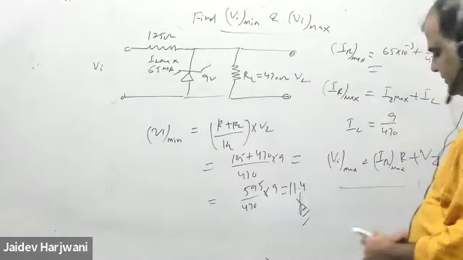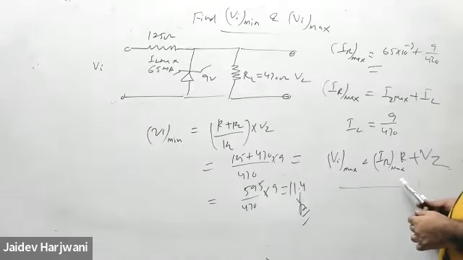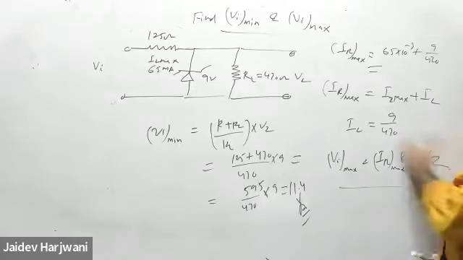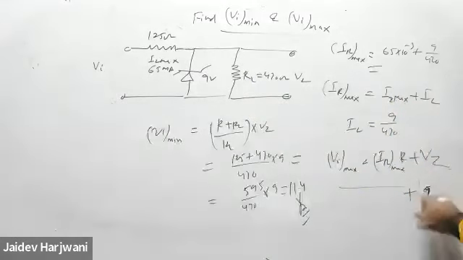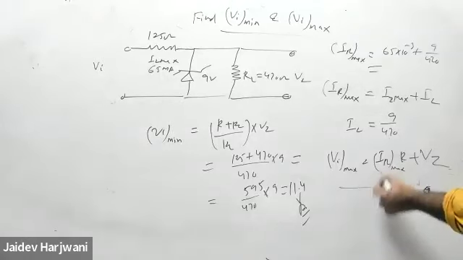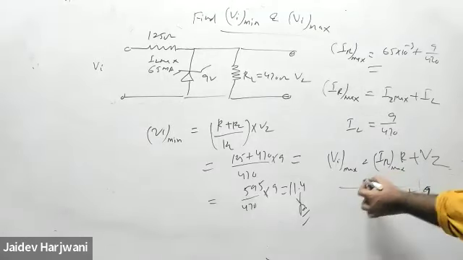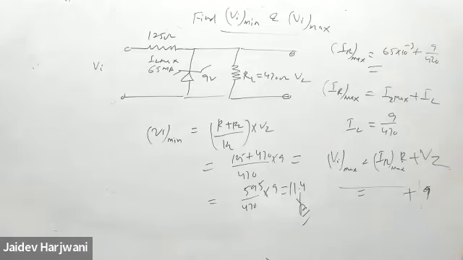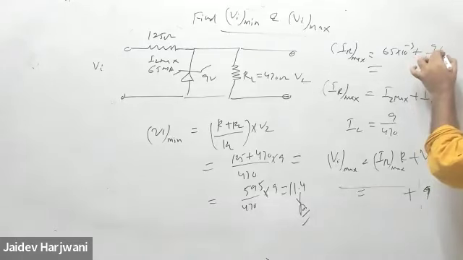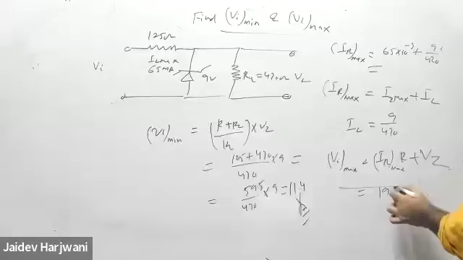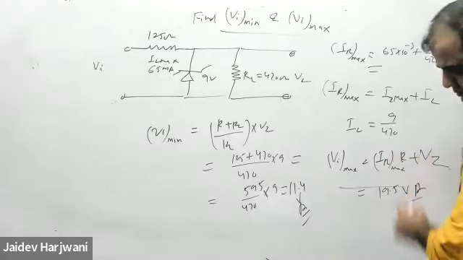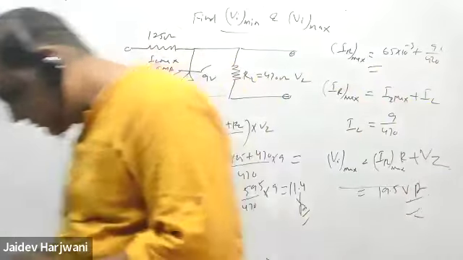VZ itself is 9, so this is plus 9. This should be something around 19 point something. This is how much milliampere, tell me. If I put 1000 here, 19.5, yes. 19.5 volt will come.